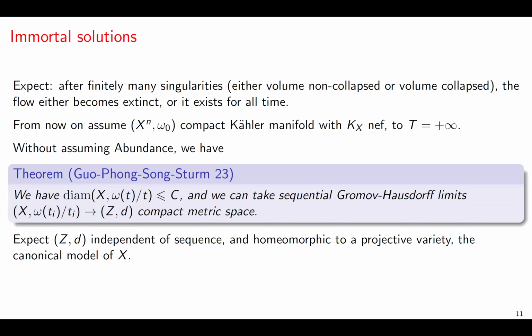If it's volume collapsed, you expect this Fano fibration, and you can continue the flow on the base of the fibration, unless the base is a point, right? The extinction happens if and only if you are Fano and in the right class.